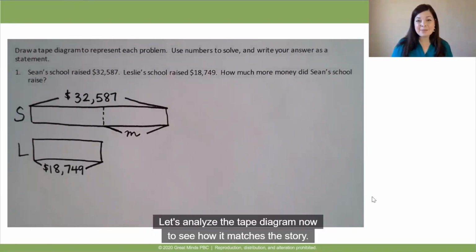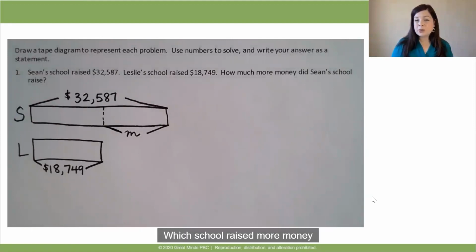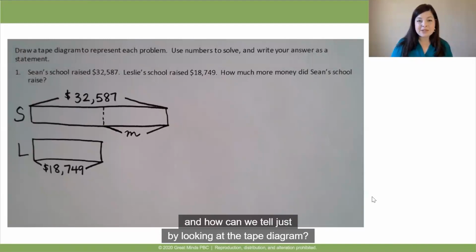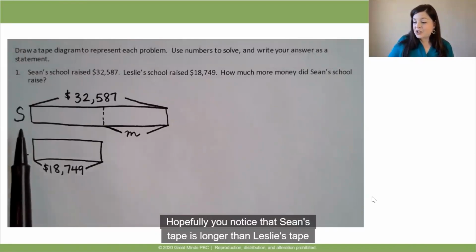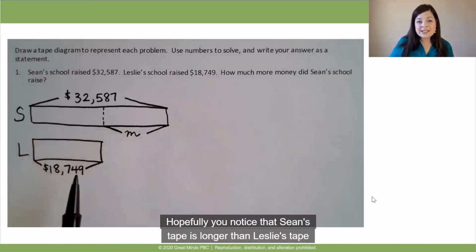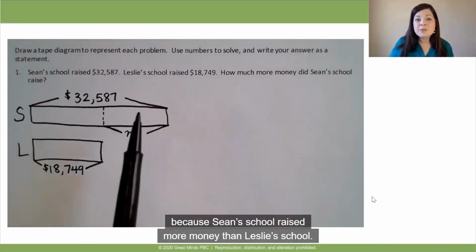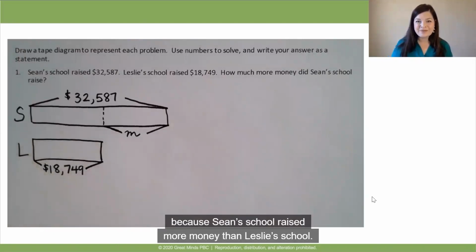Let's analyze the tape diagram now to see how it matches the story. Which school raised more money? And how can we tell just by looking at the tape diagram? Hopefully you noticed that Sean's tape is longer than Leslie's tape because Sean's school raised more money than Leslie's school.